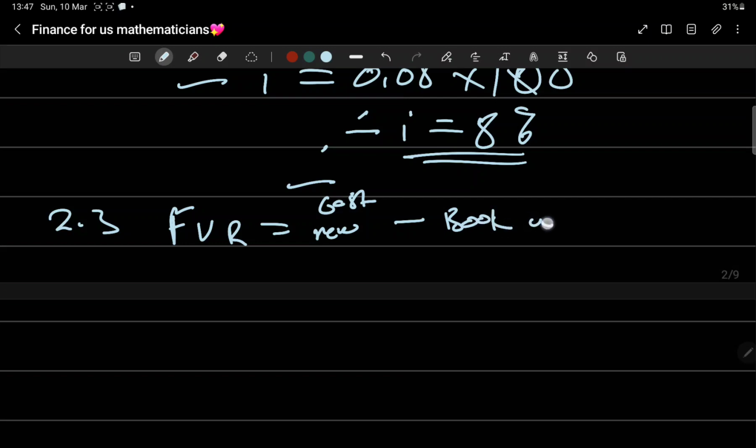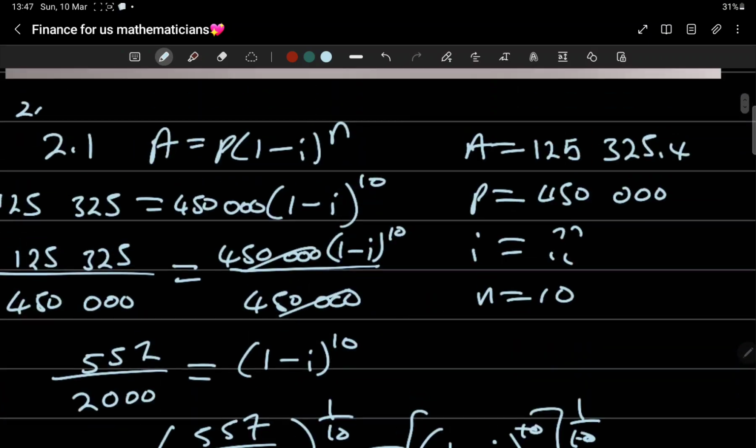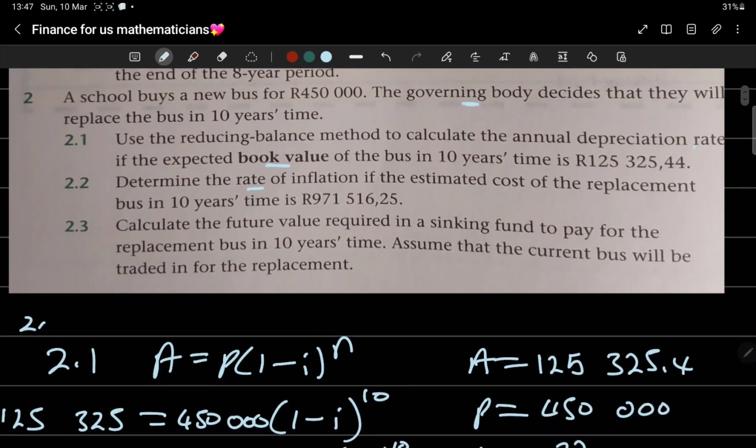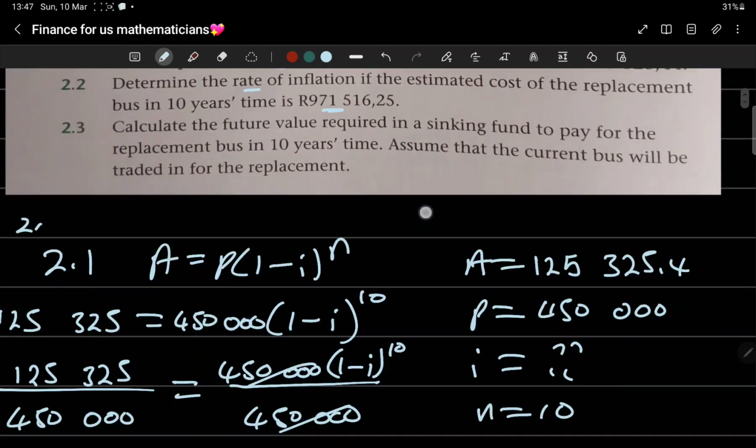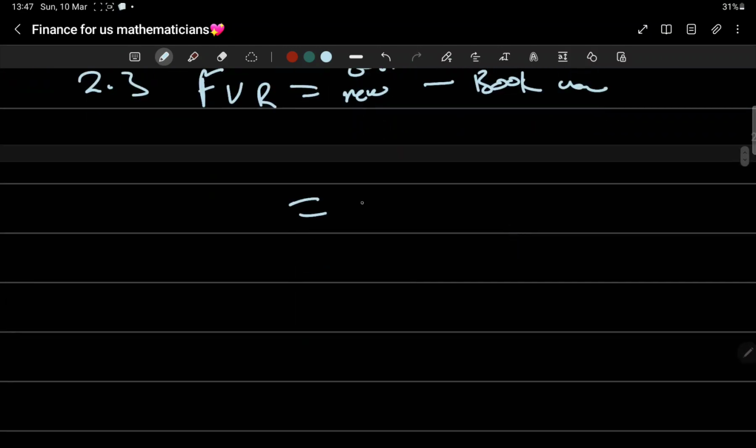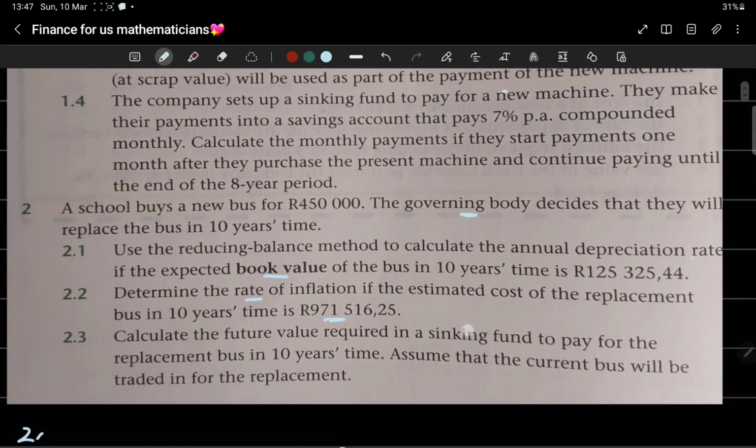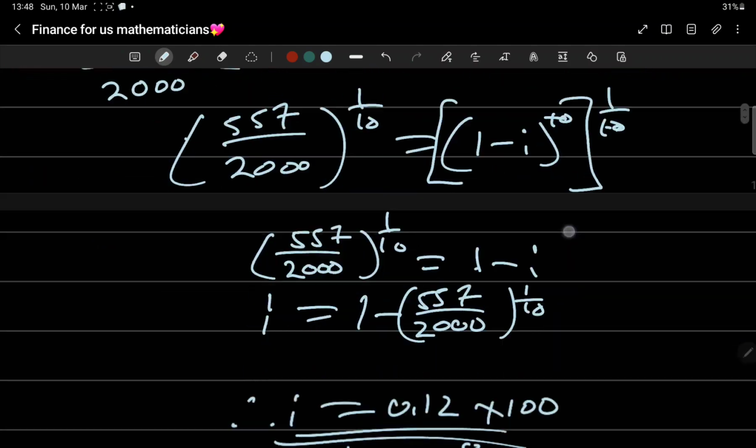After those years the new bus will be costing, after determining the inflation, 971,516.25. The book value of the current bus after depreciation will be 125,325.44.